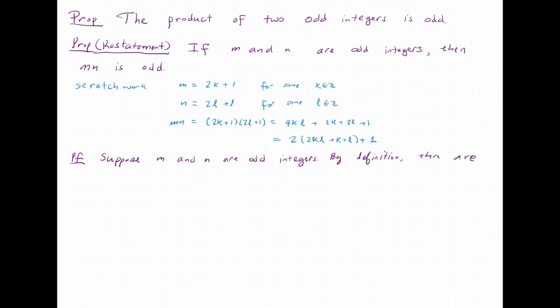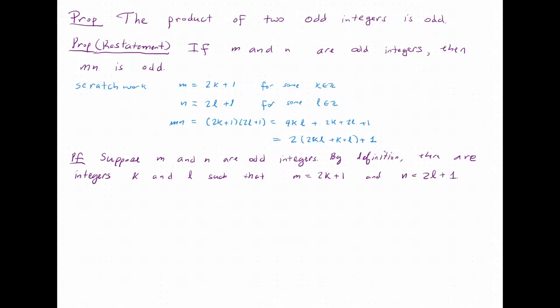Just to change things slightly, since I used x earlier, so there are integers k and l such that m is equal to 2k plus 1, and n is equal to 2l plus 1.